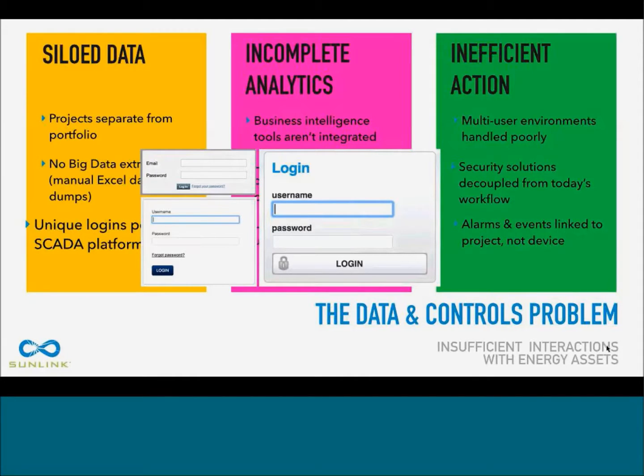So then this causes different logins for different platforms in order to look at how projects are performing. It's a very siloed process where you have to go in separately to each of these different projects and pull data rather than having that portfolio view pushed to you, as was shown where Jonathan went through portfolio data analytics and how that scales with the number of projects you have.